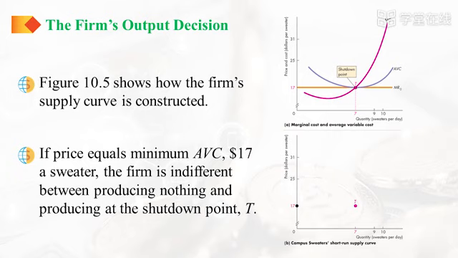So we can draw this kind of short-run supply curve for a firm by using the diagram in figure 10.5. The minimum AVC is $17 per sweater, and below that, firms choose to produce nothing because this is the shutdown point. And after that, the supply curve is exactly the MC curve.